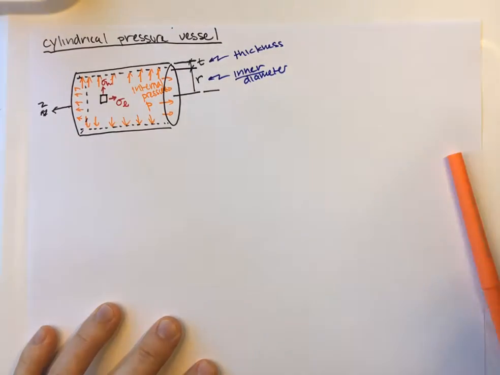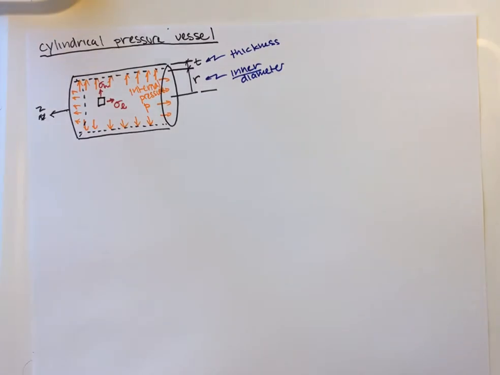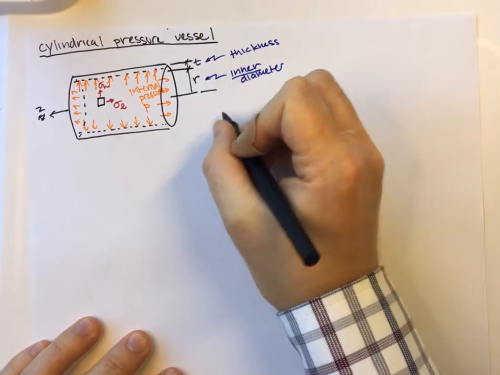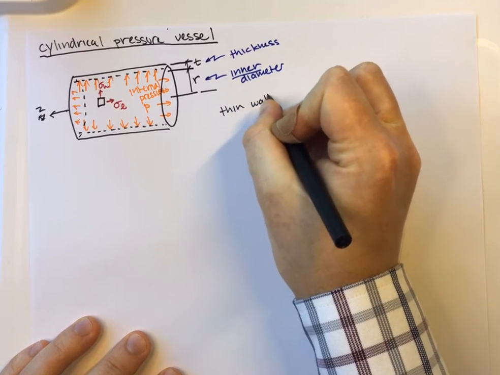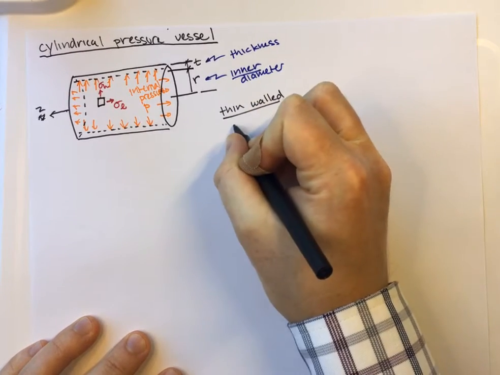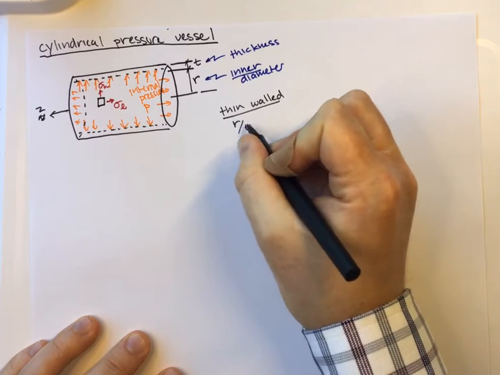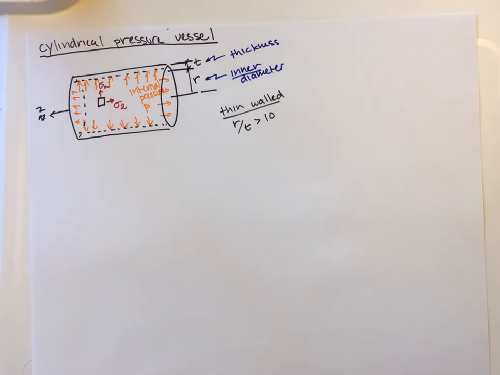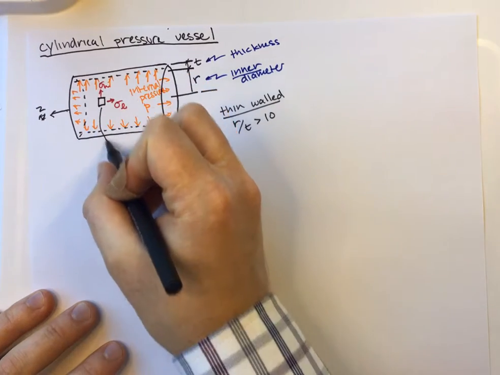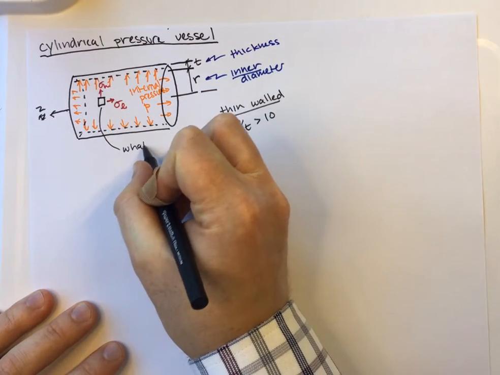And just as a reminder, for thin-walled cylinders, if we want to make this assumption, R over T, the radius divided by the thickness, needs to be greater than about 10. Any thicker than that, and this idealization that we're making kind of breaks down. And so the question, again, is what are these stresses?